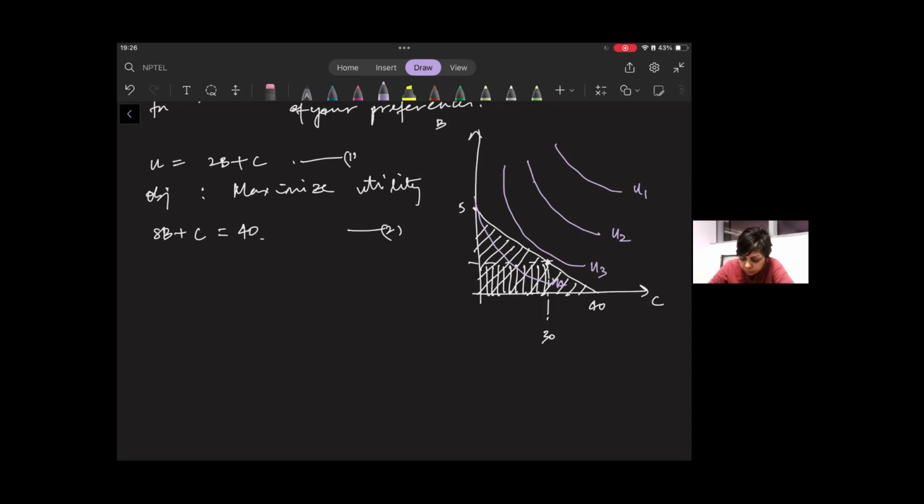And all the possible combinations of B and C on each point of this curve give the same utility, which is why this utility function can be anything, right? So this is U2, this is U3. What we are trying to do eventually, in week 5, is find the utility function or utility curve intersection point, or let's draw this again.